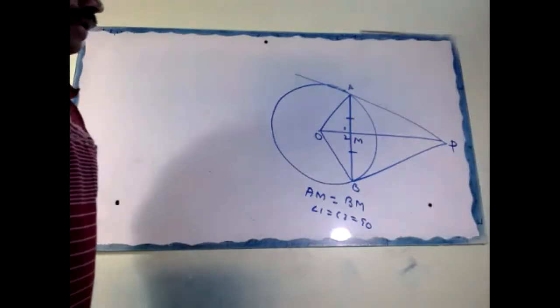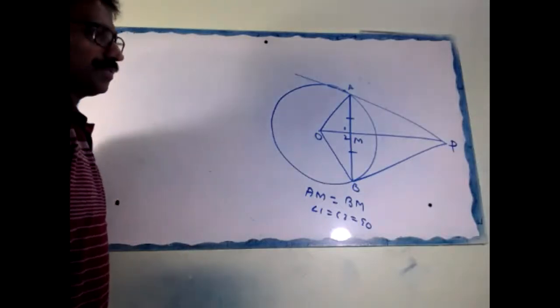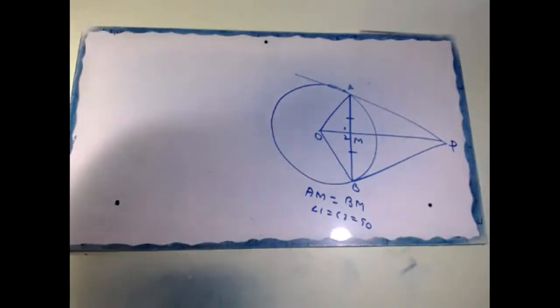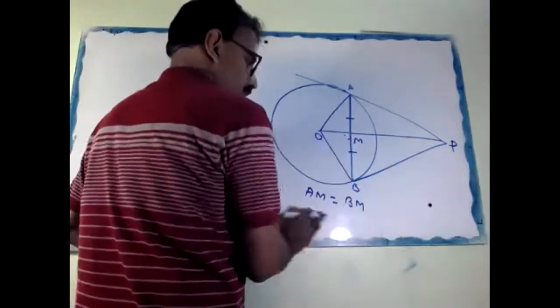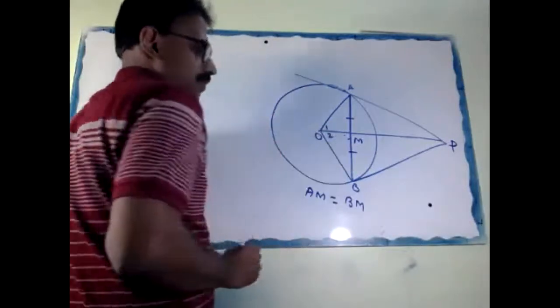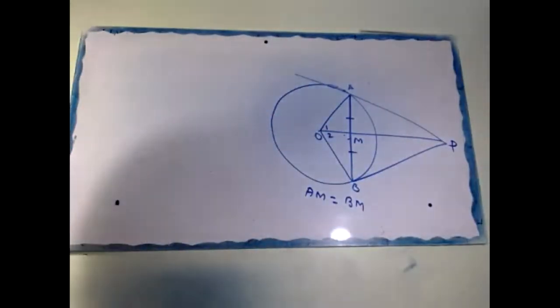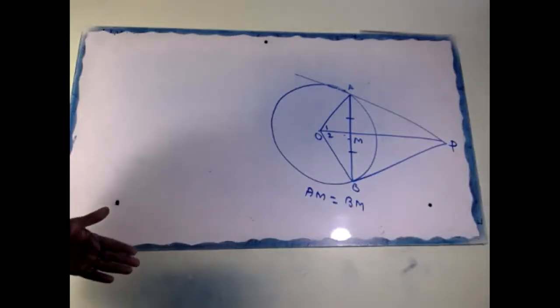AP equals PB, tangents from an external point are equal. OP equals OP, common. Therefore angle 1 equals angle 2, CPCT. Clear or no?